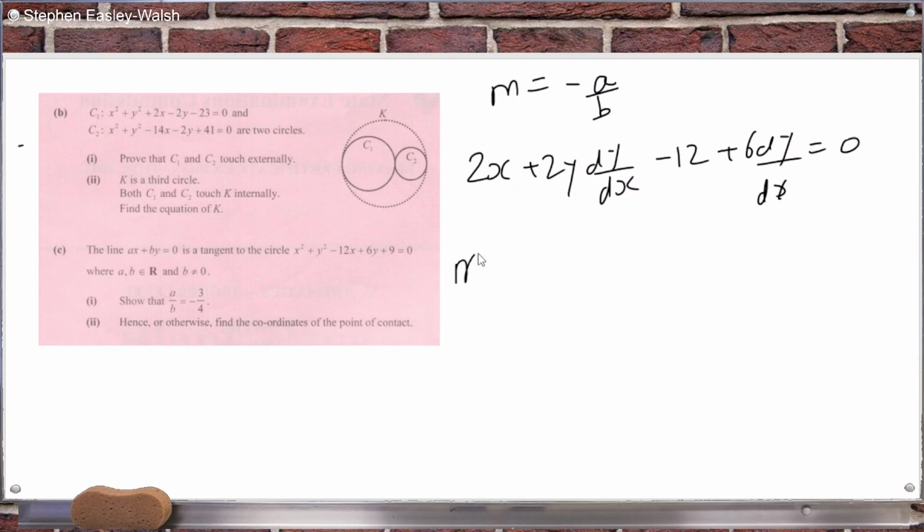So that means the m, which is dy/dx, will equal minus (2x − 12) over (2y + 6). No, that's not going to work.